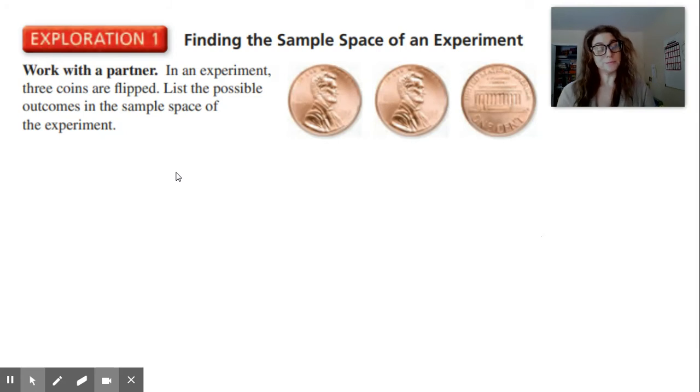When I flip it once, maybe I get heads. I flip it again, I get tails. That's only on one coin though. If I'm looking at tossing 3 coins all together, I'm going to have a larger sample space than just heads or tails, because maybe the first one came heads, the second one came tails, and the third one was tails. It could be any possibility.